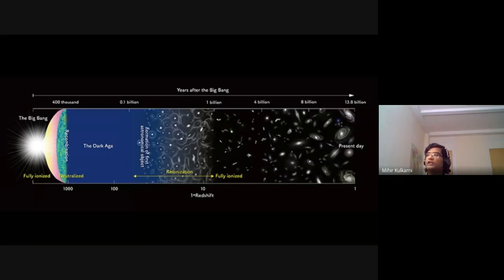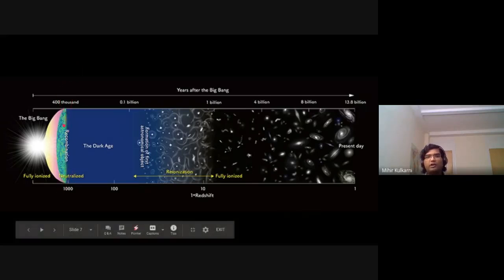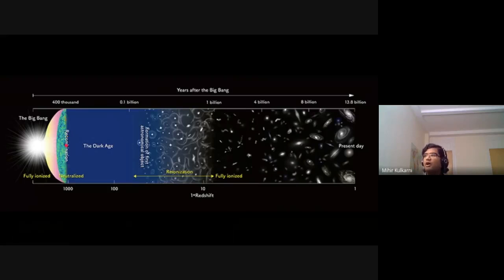So light was constantly scattered off electrons and protons. At nearly 400,000 years after the Big Bang, the universe cooled for the first time so that stable neutral atoms could form. So protons and electrons could combine to form neutral hydrogen atoms, called recombination. And this decoupled matter, that is baryons, from radiation.